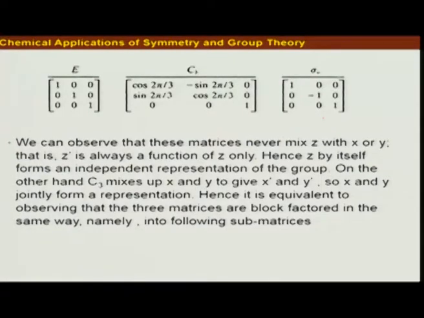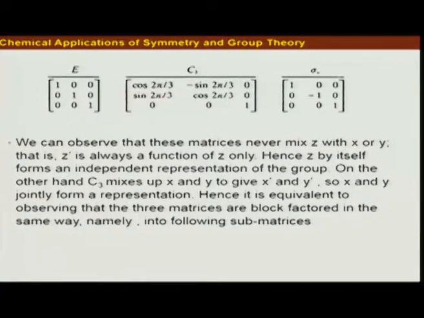Okay. So now here what we can see is that in this case, in these matrices, the z is always separated from x and y. So z never mixes with x and y, but x and y they mix, because you cannot get any one-dimensional representation for x or for y, but you can get it for z.